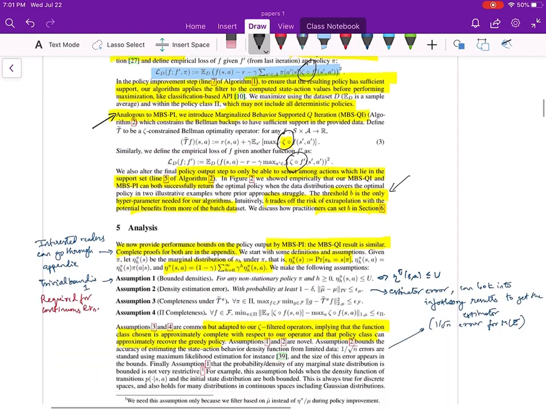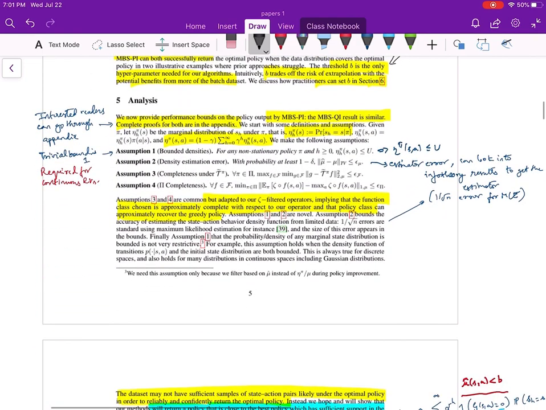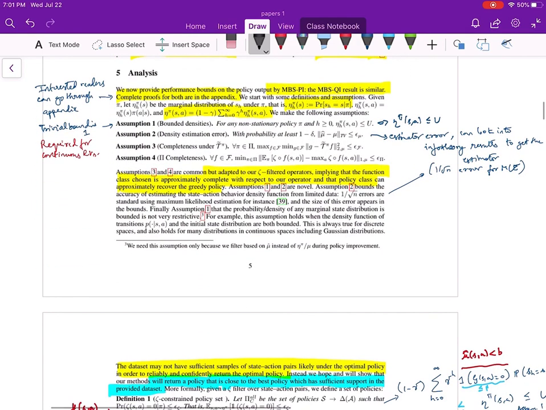Let's go ahead with the analysis section. Policy, okay. Output by the MBS PI and MBS QI result is similar, okay. Complete proofs are provided in the appendix, okay.